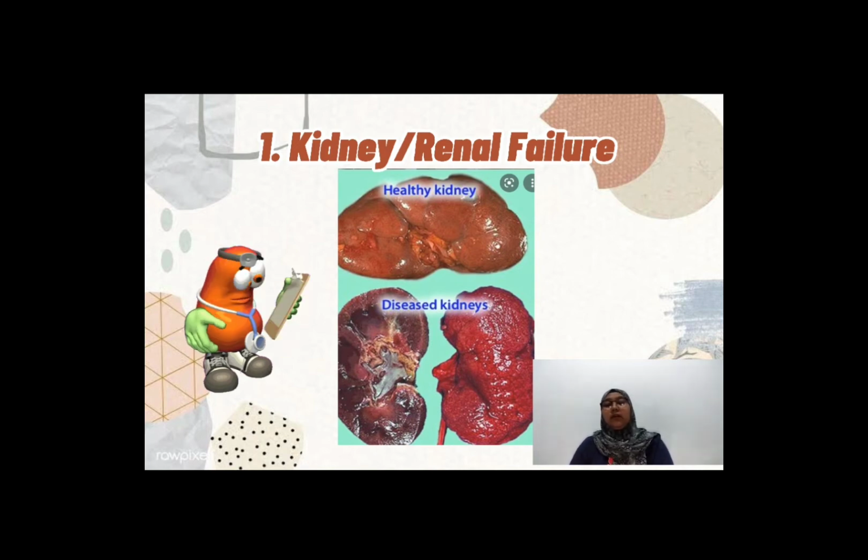So, what is the cause of kidney or renal failure? The most common cause of postoperative renal failure, or acute kidney injury, is renal hypoperfusion as a result of transient hypotension and hypovolemia.